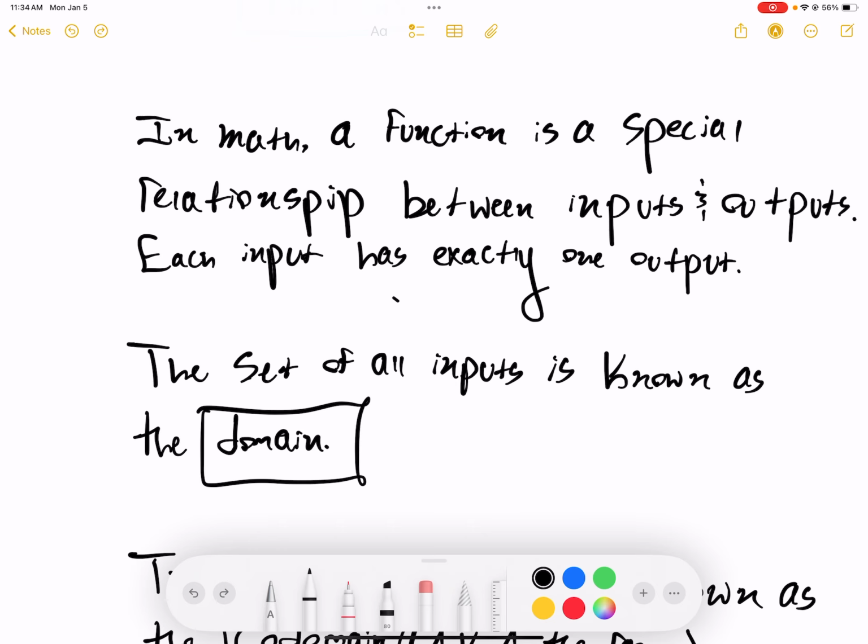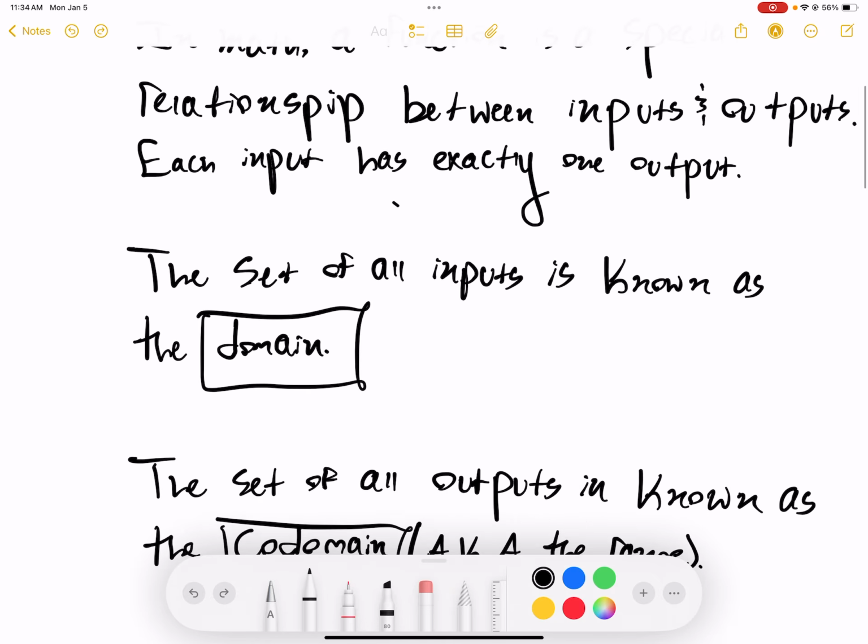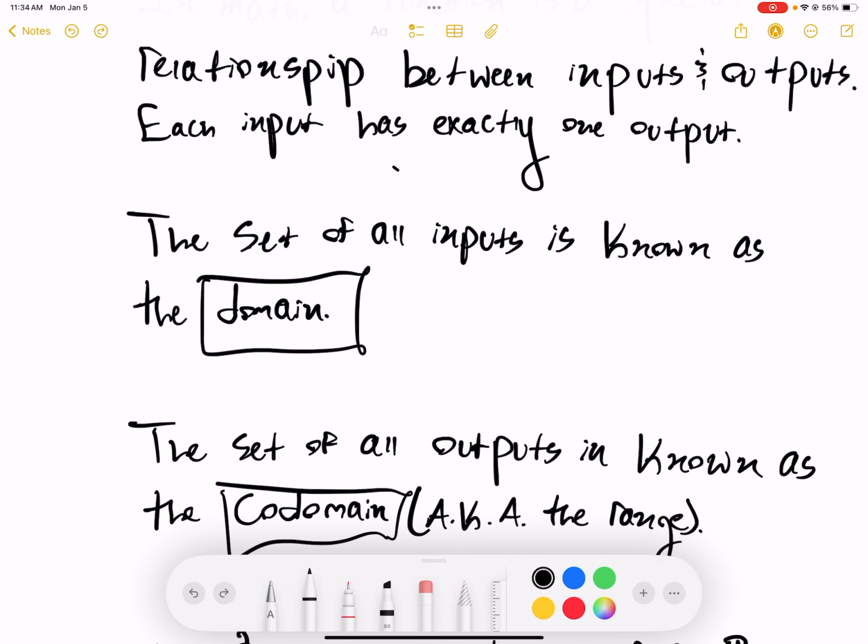The minute you see an input that has two outputs, even if it's only one, even if there's millions and millions or billions of inputs and only one of those inputs has two outputs, the minute you see a single input that has two outputs, it is not a function. And you can make that determination two ways. You can make that determination graphically, or you can make that determination by analyzing whatever your mathematical relationship is, whatever your mathematical equation is.